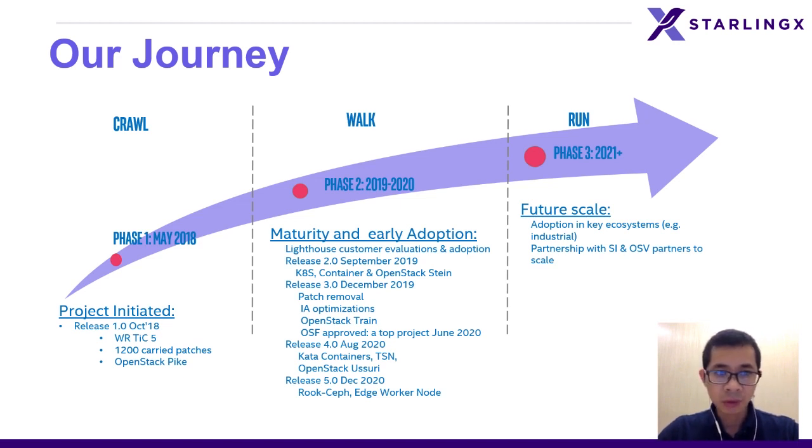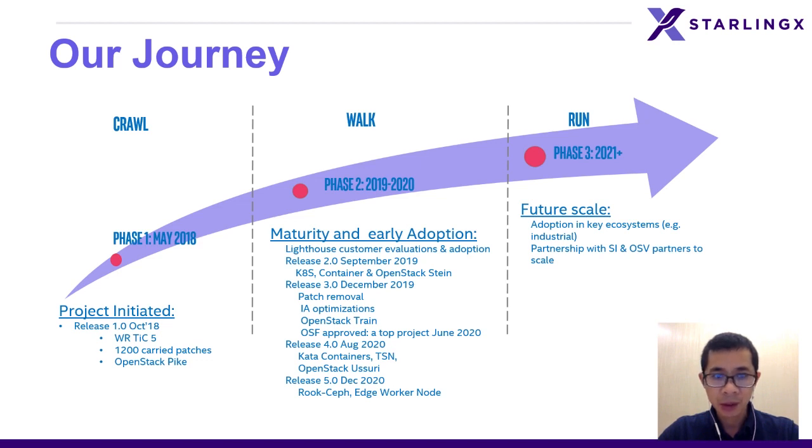Moving forward to 2019, we made a leap in the architecture, reconstructing StarlingX from a design with OpenStack directly installed on CentOS to a design built around Kubernetes. With such a huge change, we released 2.0 in September and 3.0 in December with further polish.